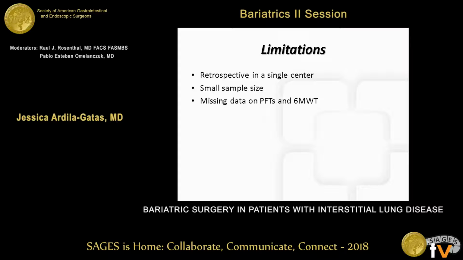But some of this was due to the fact that some of these patients, especially the ones being worked up for a lung transplant, didn't follow up with the pulmonologist in our institution, but went to community pulmonologists, so we didn't have that data to follow up on.